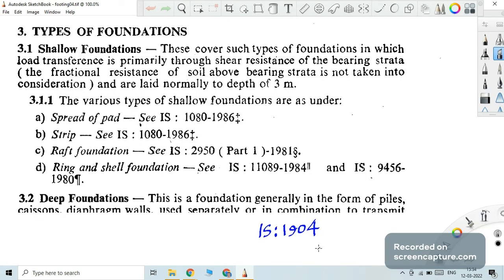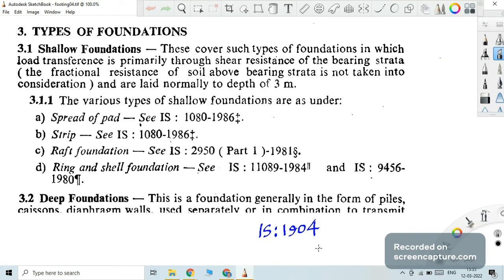Then types of foundation IS 1904 has specified, like shallow, deep foundation and special foundations. Shallow foundation types are various, like spread pad, which is the one we are going to study in our design of concrete structures subject.